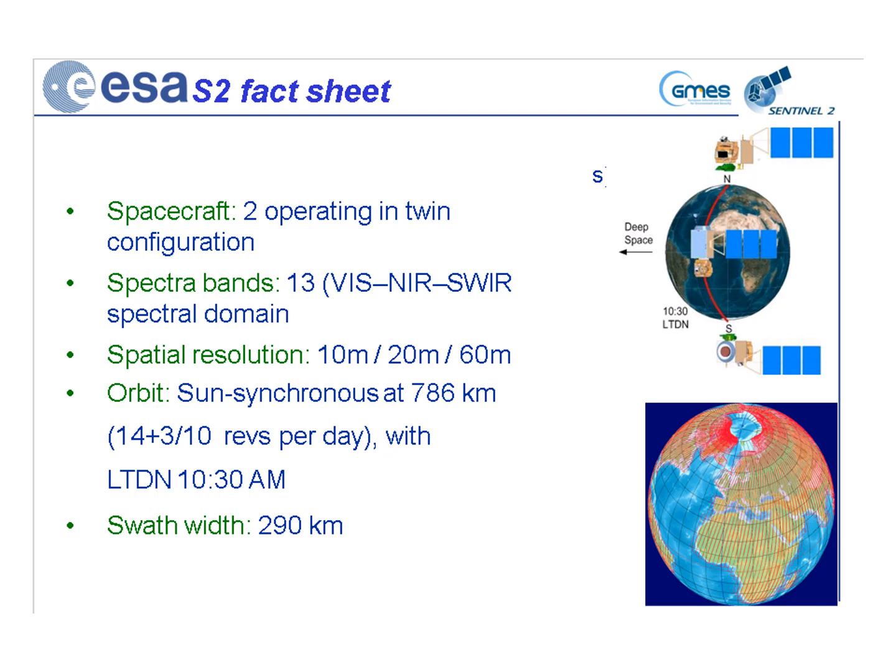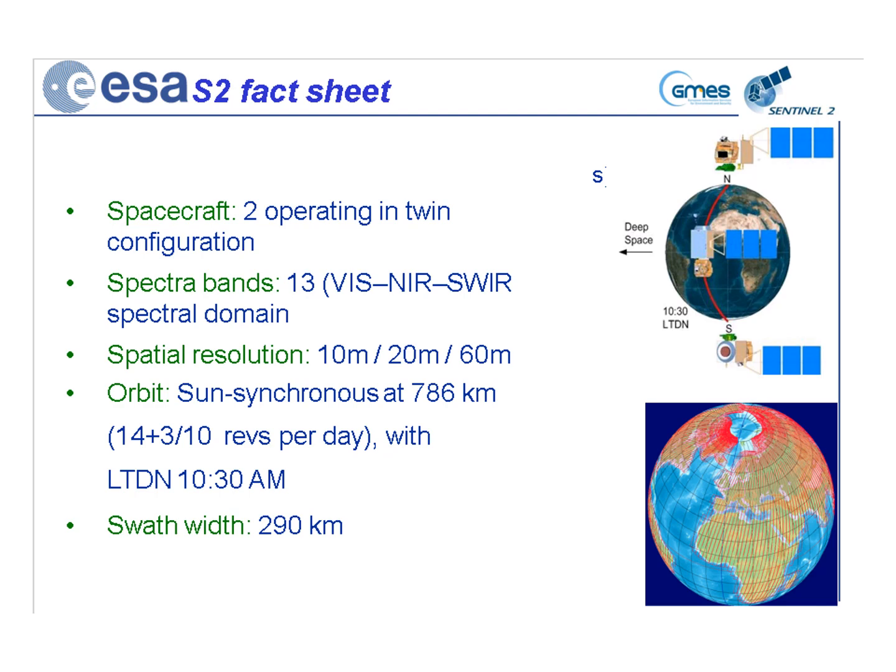So there are two Sentinel-2s operating in a twin configuration. There are 13 bands in the visible, near infrared, and shortwave infrared. But not all of those bands are collected at all resolutions. There's 10-meter data, 20-meter data, and 60-meter data.